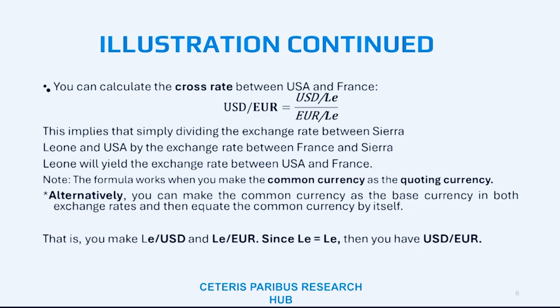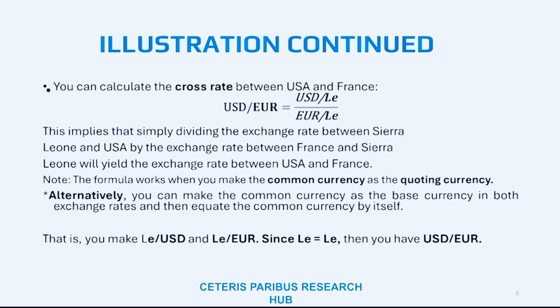So to illustrate this, you can calculate the cross rate between USA and France by simply dividing the exchange rate US dollar per leone by euro per leone. But if you were finding euro per US dollar, then the euro per leone will be in the numerator, divided by the dollar per leone. So simply dividing the two exchange rates can give you the exchange rate between USA and France.